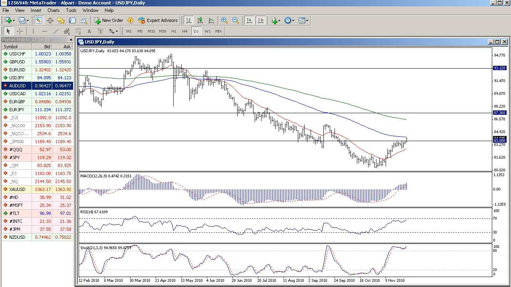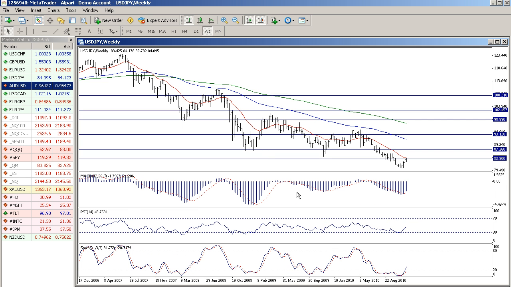So let's jump now to the US dollar Japanese yen market. On the weekly chart, the trend remains lower, and what we've been looking for here is a series of ups and downs to end this move from May of this year, but the larger pattern still remains on the downside.